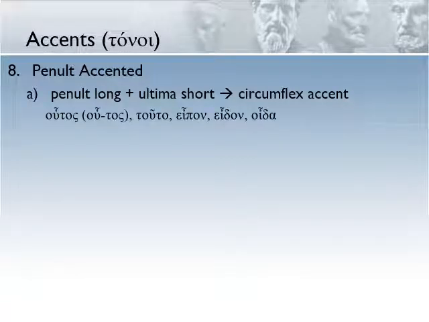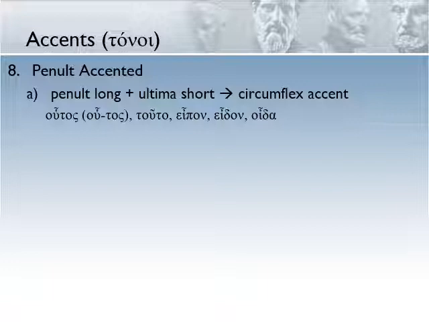Notice number 1, utos. Utos only has 2 syllables in it. You have an ultima, omicron sigma, and you have a penult, omicron epsilon tau. Here, the ultima is short.